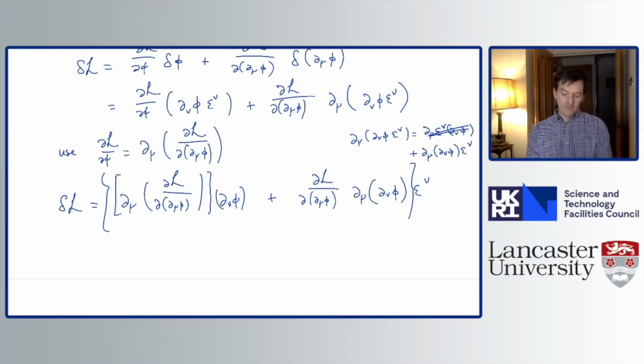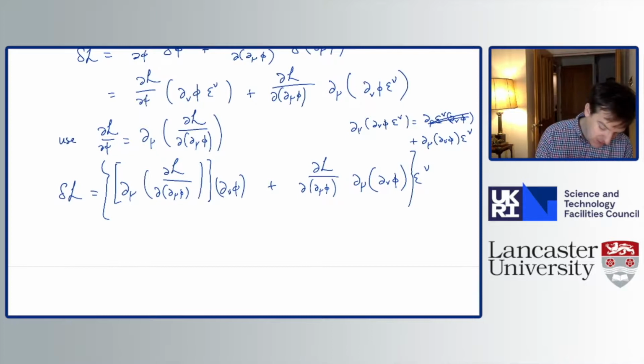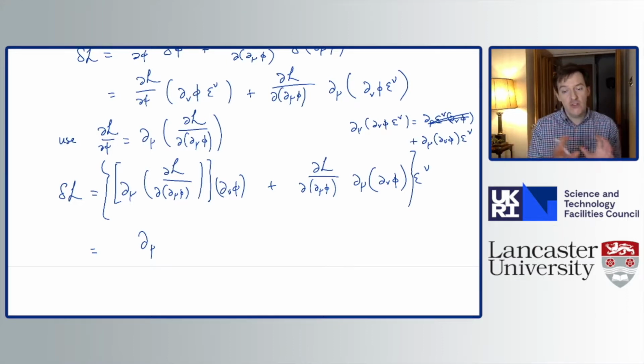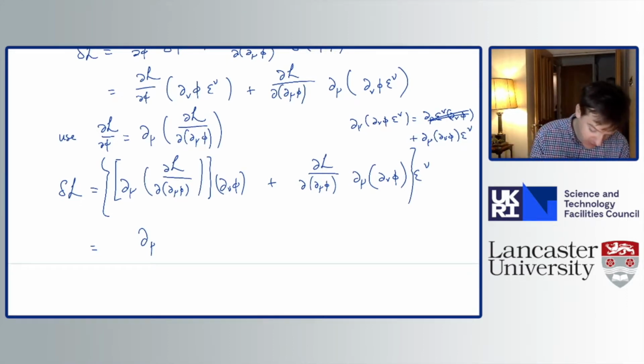Okay. Now there's another manipulation we can do. You can see more clearly once we've written it down that I can pull out this partial derivative with respect to mu as a common factor. So we can write down the expression and then we'll look why it's equivalent.